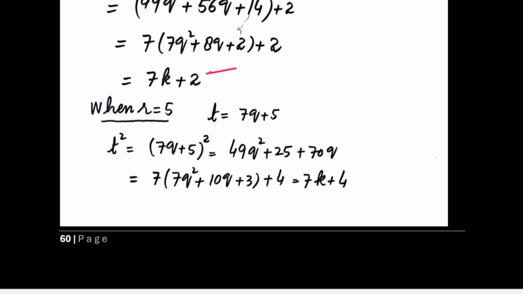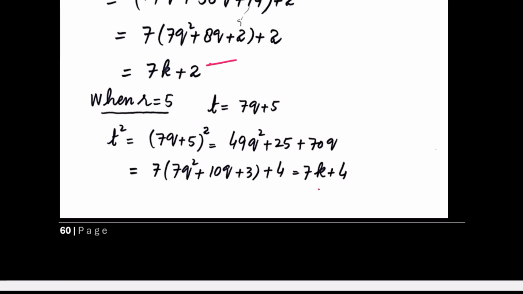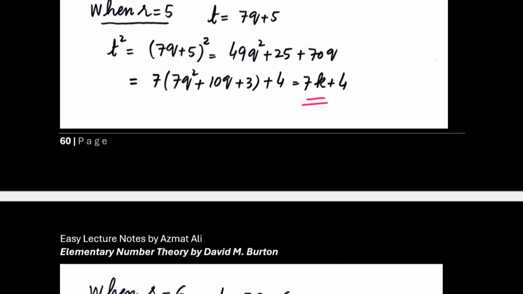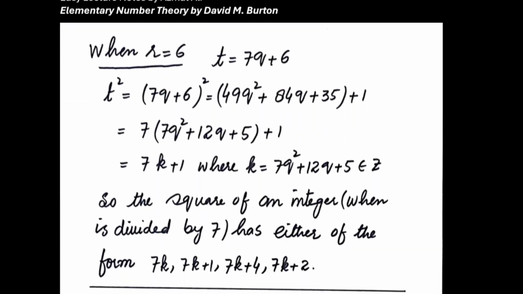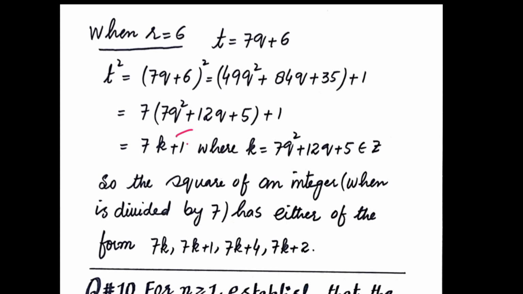When the remainder r is 5, you have the form 7k plus 4. When r is 6, again you have the form 7k plus 1. So the square of an integer, when divided by 7, has either of the forms 7k, 7k plus 1, 7k plus 4, or 7k plus 2.